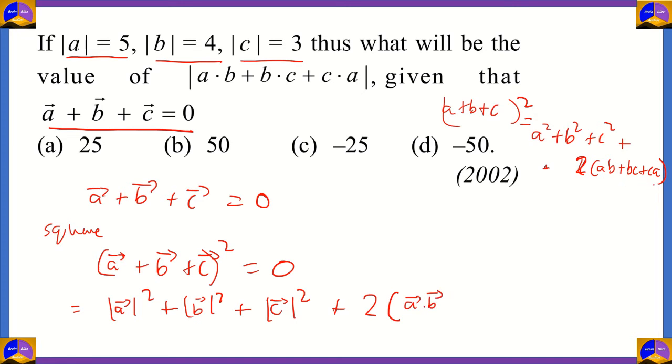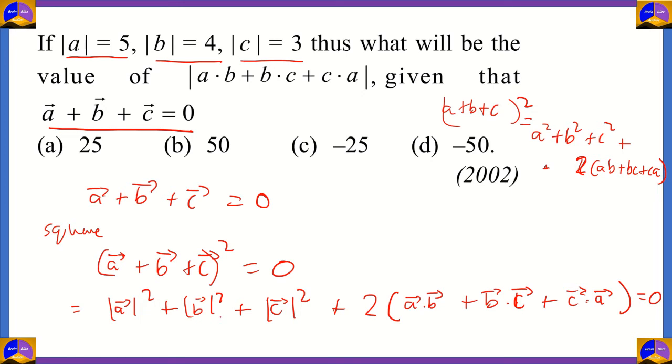These are scalar products, so you need to put in the dot product, which is the scalar product for two given vectors. So 2 times (a dot b plus b dot c plus c dot a), and that is equal to 0 on the right hand side.